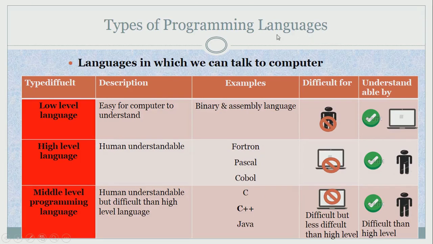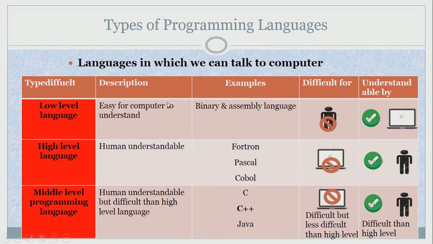So let's revise them once more. Low-level language, easy for computers to understand, and examples are binary and assembly language. Binary language needs zero translation and assembly language needs little translation. Very difficult for human, or you can say the most difficult for humans, and understandable by computers.